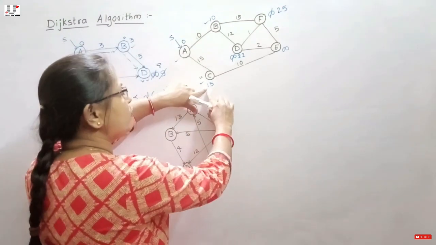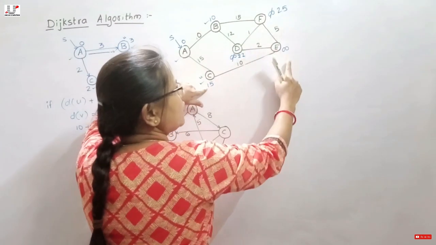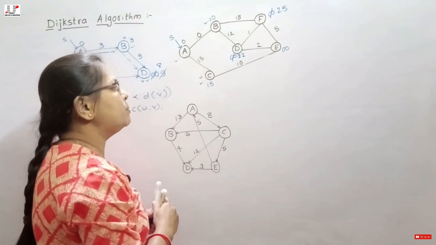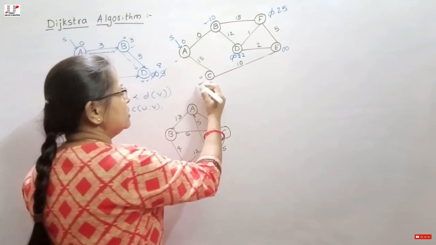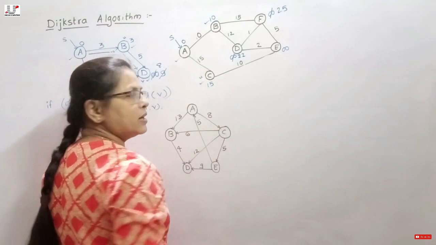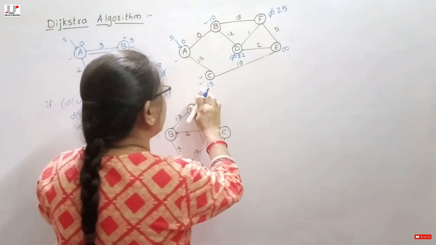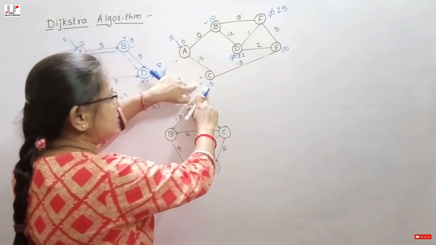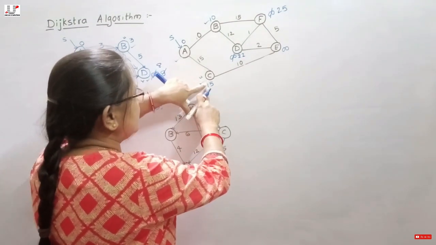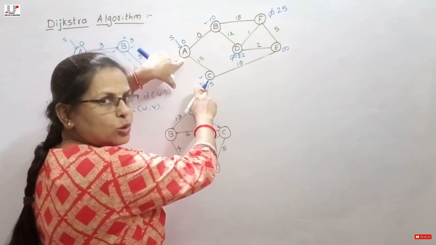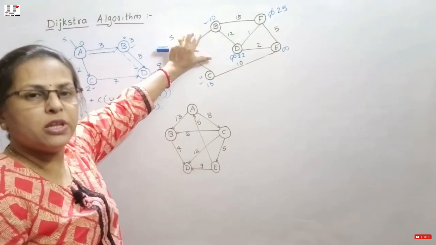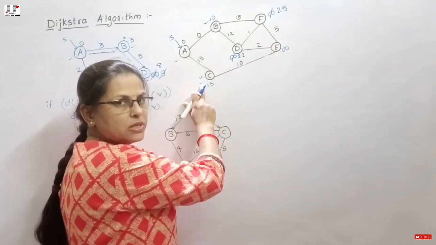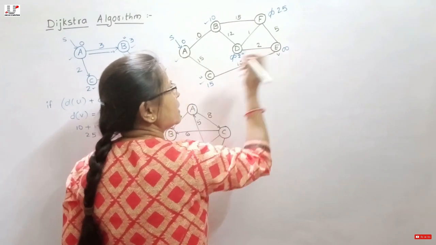Then among 15, 22, 25 and infinity, select the edge with minimum distance, so C has been selected. Then again apply the same condition on this node. A is adjacent to C, but it has already been visited, so don't visit it again. Then the next adjacent vertex to C is E.